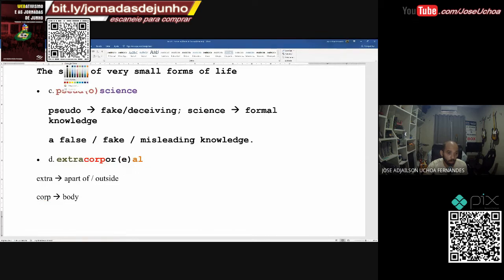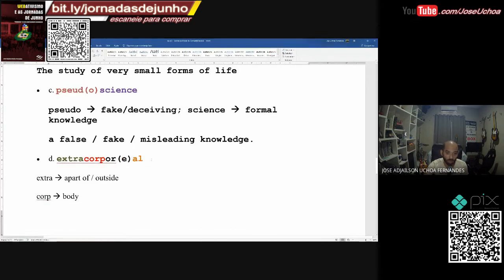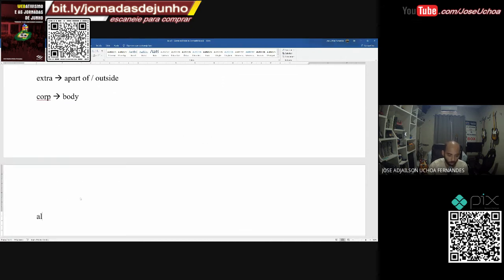And al. Can you think of other words ending in al besides ethereal, besides material? Considering al as a suffix, what does al mean? Immaterial, it's what comes from the matter. In sensorial, what is a sensorial experience?